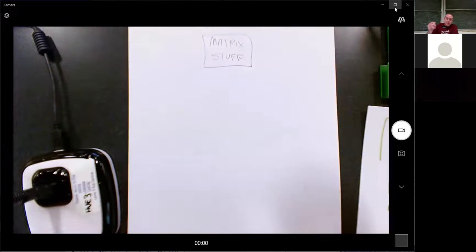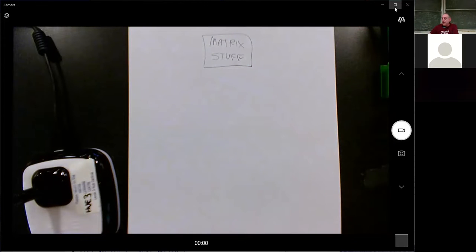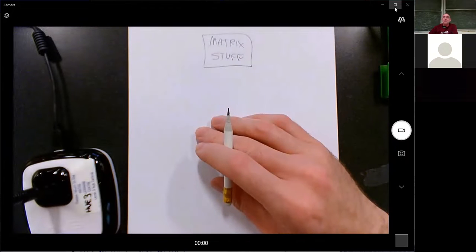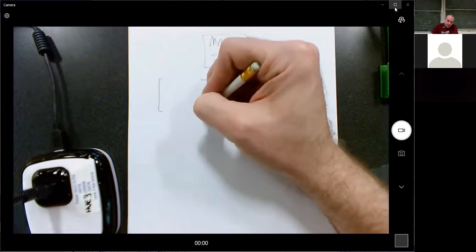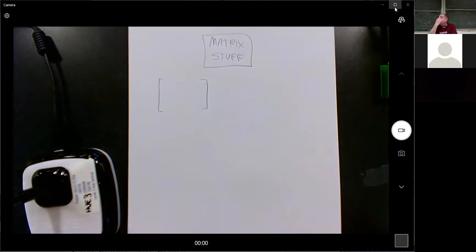So the really important thing to know about matrices is how matrix multiplication works. Whenever you learn about any new mathematical object, you should know what it is and how to write it, what things you can say about it, and how to do operations on it.